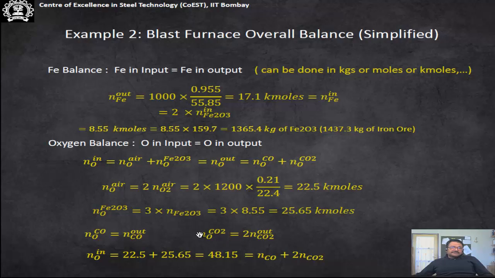So the oxygen in the output is N_CO plus 2 N_CO2, which should be equal to the total O coming in through air as well as Fe2O3, and that comes to 48.15. So now we have 2 unknowns, so we need another equation to solve this, and obviously you can see that the other element in this equation is carbon, so you need to do the carbon balance.